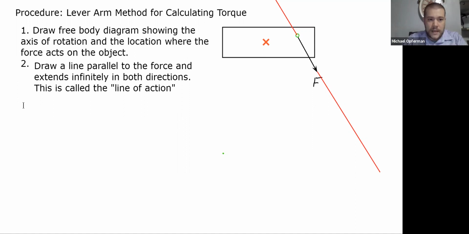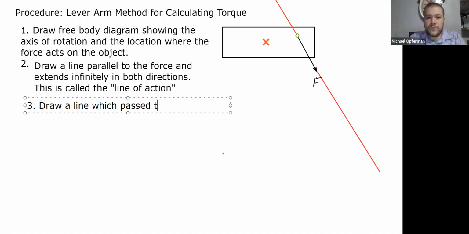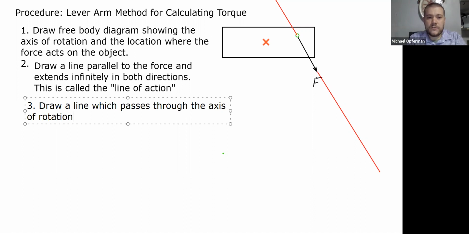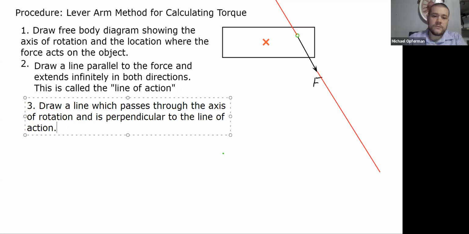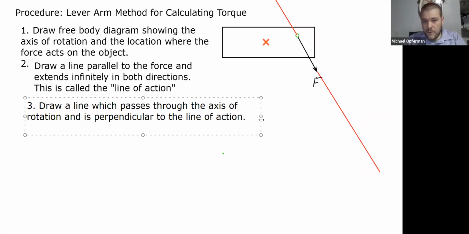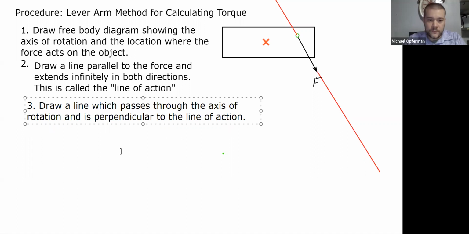Okay. The next thing you do is you draw another line which passes through the axis of rotation and is perpendicular to the line of action. Okay, so in other words, we draw another line here.